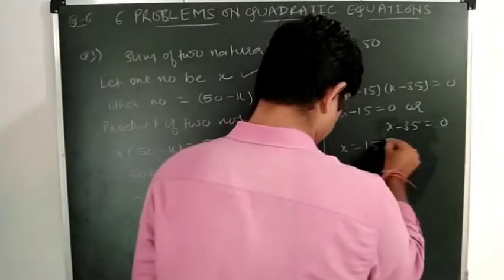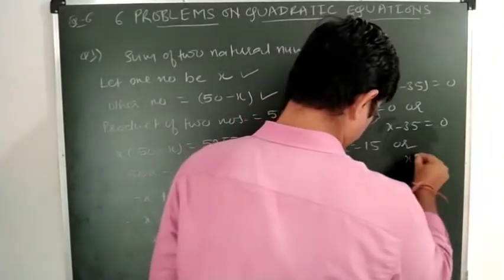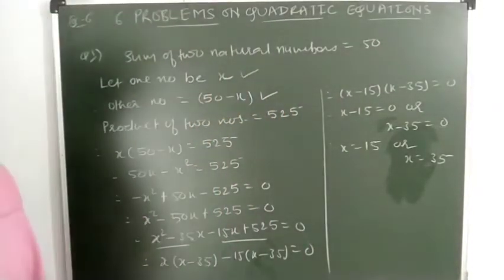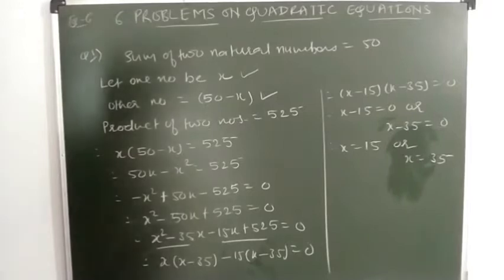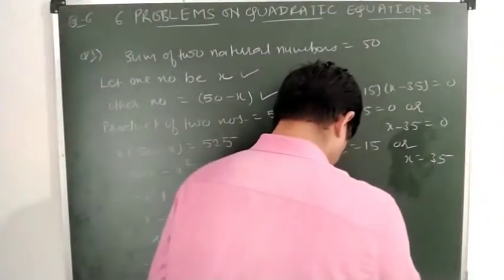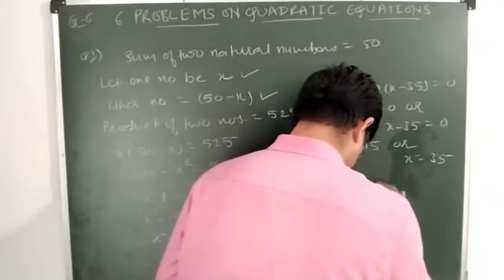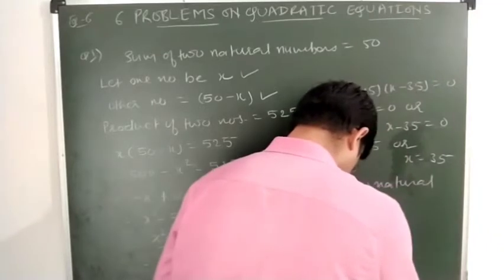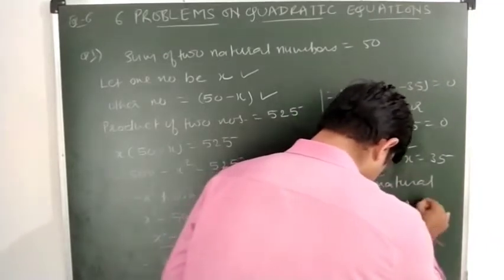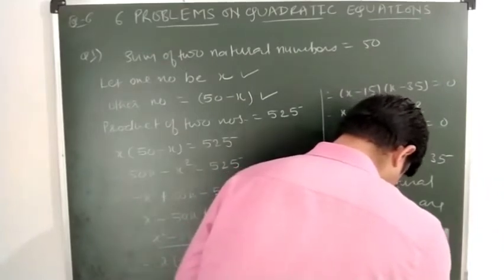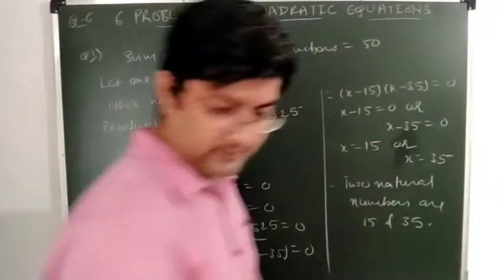Therefore x is equal to 15, or x is equal to 35. Obviously the two numbers are 15 and 35. So therefore the required natural numbers are 15 and 35.